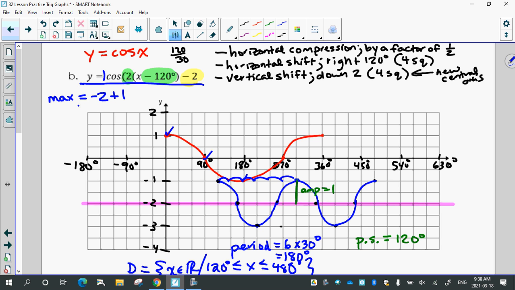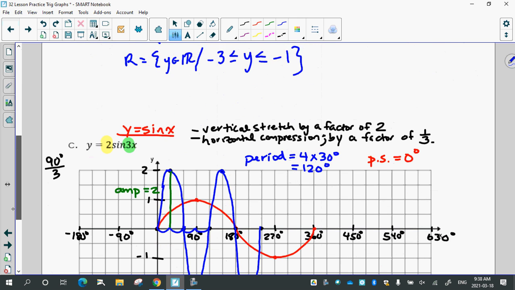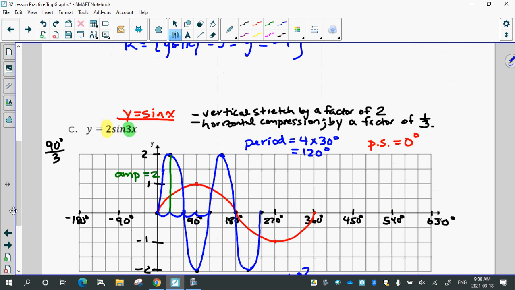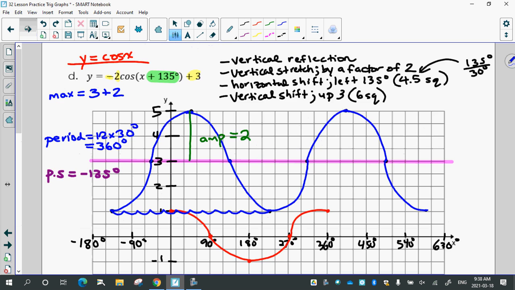So it should be -1, and the highest it ever gets is -1. And then for this last one, the maximum is the k value, which is 0, plus the amplitude, which is 2. So the maximum should be 2, and it is. So that's a formula for getting the maximum.